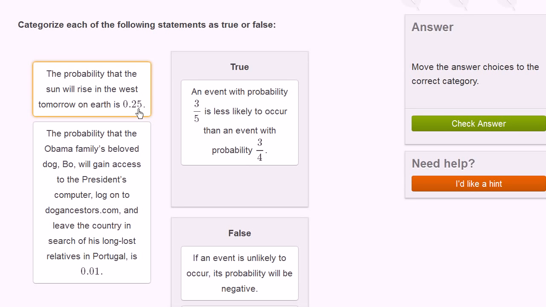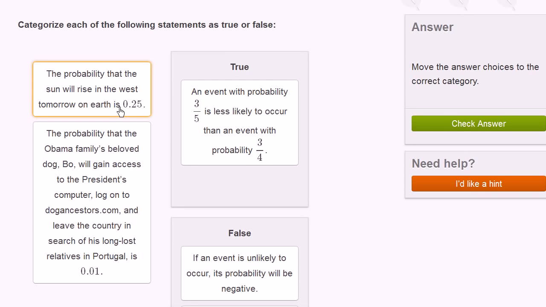Now, there is some ultra small probability that an asteroid or a meteorite of the right mass hits Earth in the exact right way to somehow reverse its spin to maybe make the sun rise in the west. But that's a super duper small probability. That probability is very close to 0. It's not going to be 0.25.